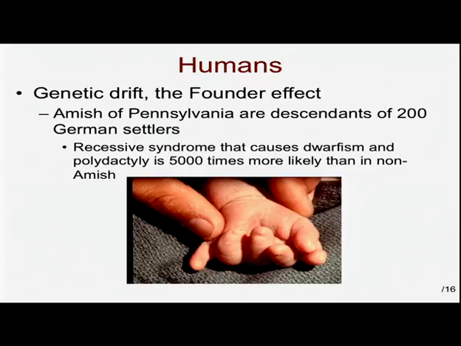If that was in a normal population, right, it would not become that much more prevalent. But if you're only allowed to intermingle with that small group, right, now lots of the Amish have these extra digits because they're only allowed to intermingle. Okay? So that's a founder effect.